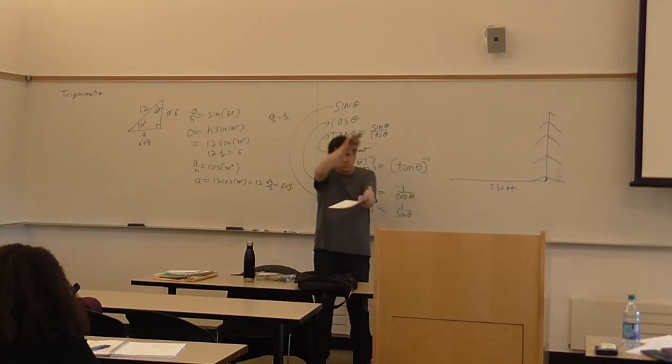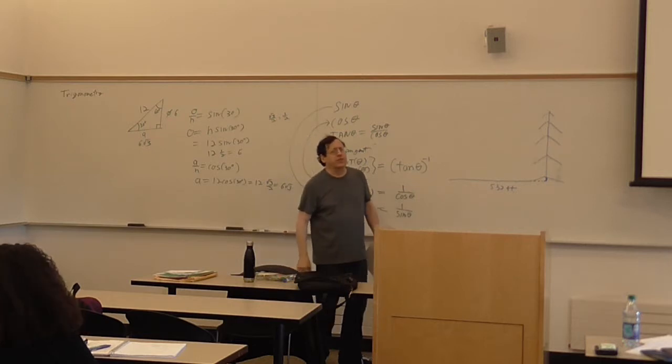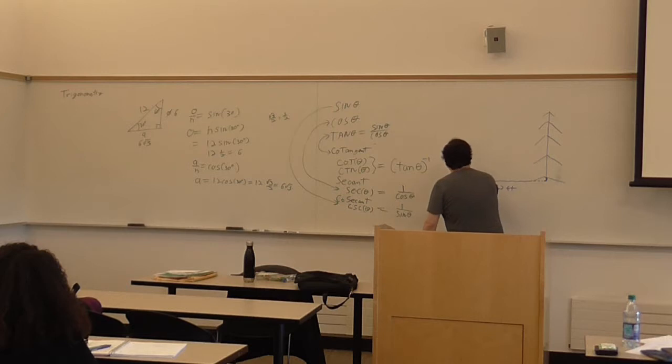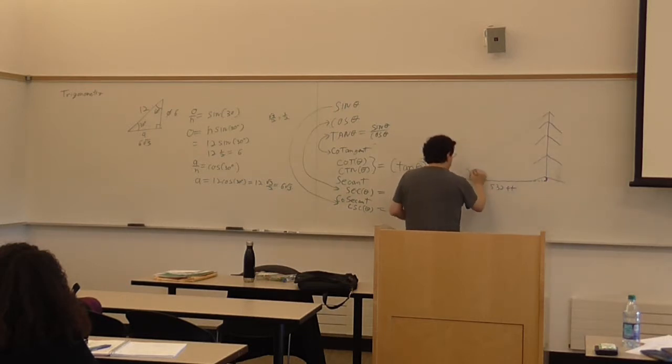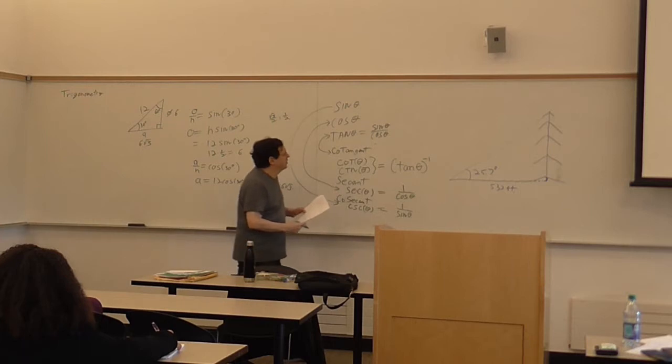And I have a little device called a sextant, and I measure from the ground to the top an angle of 25.7 degrees.